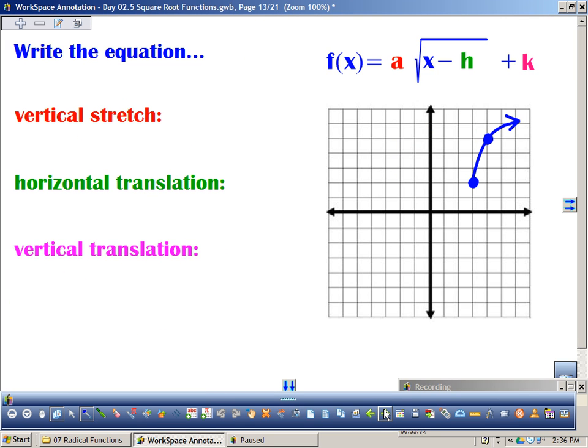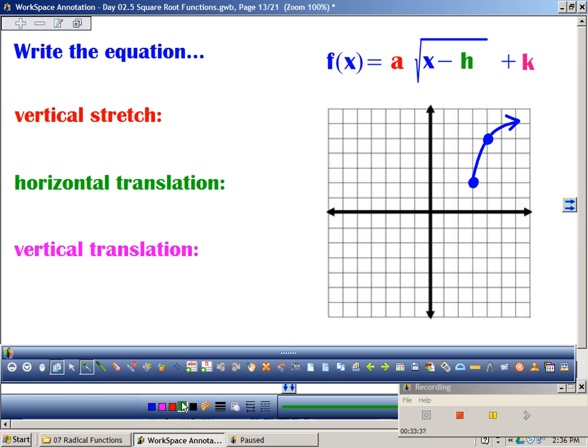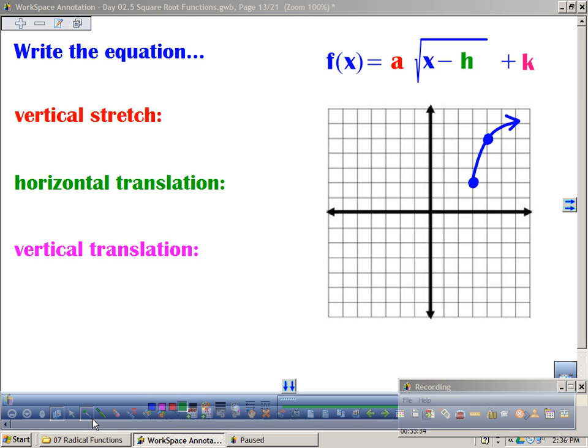Let's try it in reverse. This is in reverse. So let's ask ourselves, what is my horizontal translation? How much am I going on my horizon? 1, 2, 3. We went 3 in this direction.